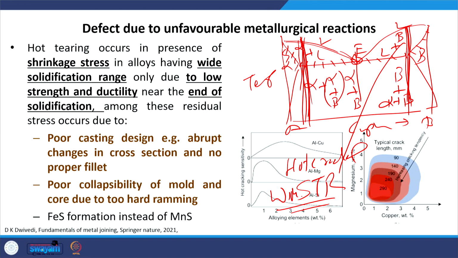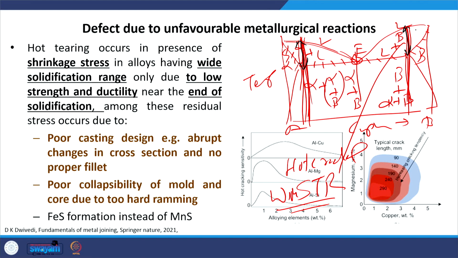There will be liquid metal left to solidify at the end, while the residual tensile stresses will be developing in the solidified portion due to the cooling from the solidus to room temperature. So, this is the solidification temperature range for this particular composition.